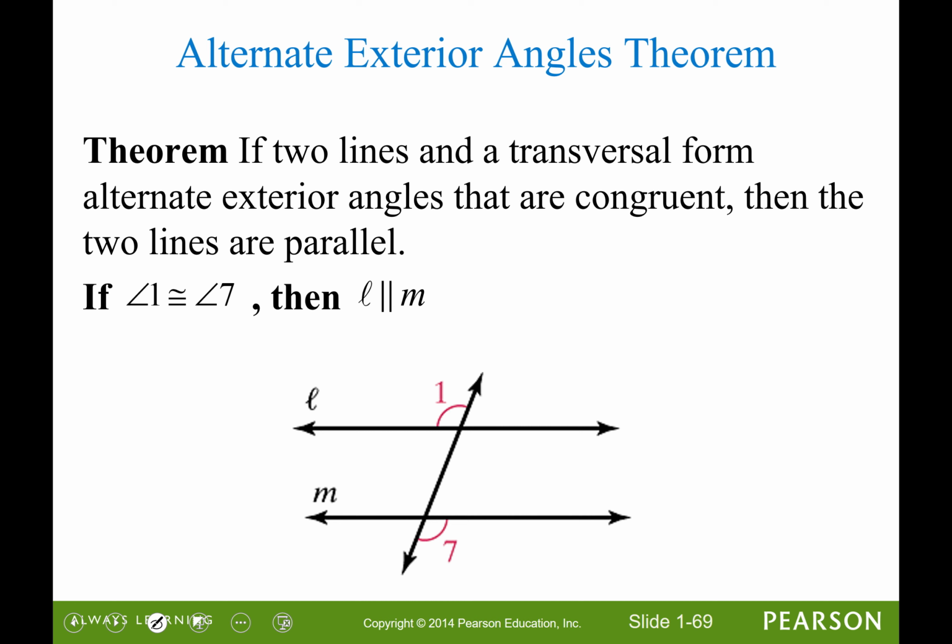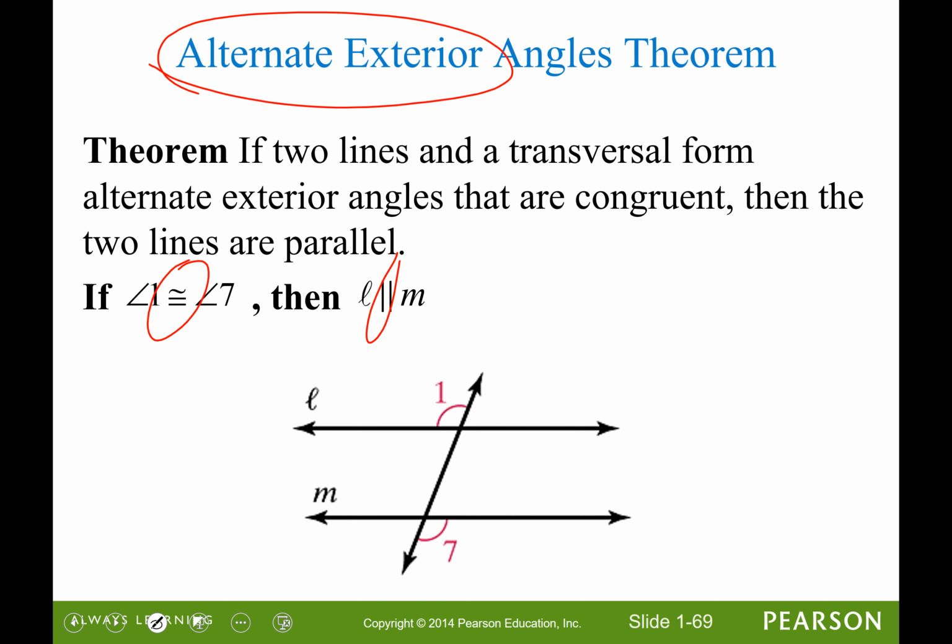Okay, here's our fourth one, alternate interior angles. If you can find two alternate interior angles and you can show that they are congruent, then you can conclude that the two lines are parallel.